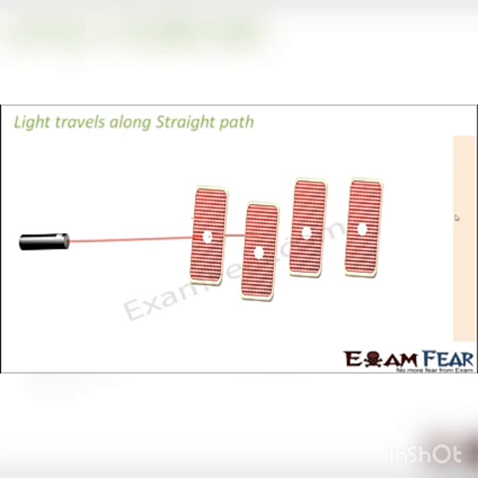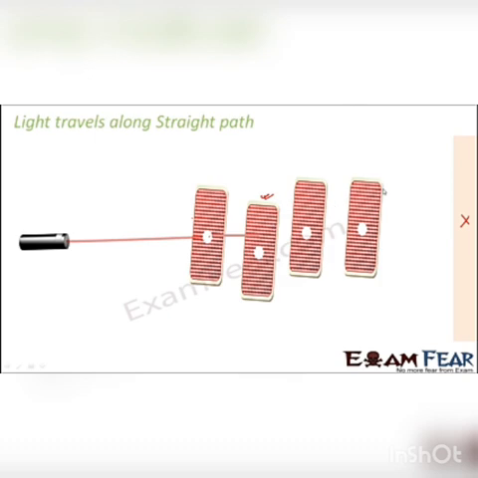You observe that there is no light on the screen. That means light could not travel till here. So where did the light get blocked? The light got blocked at the second card itself, because the light came through this hole, it came here, but then the card is not allowing light to pass through it. So the light got blocked and could not go to the 3rd and the 4th card.